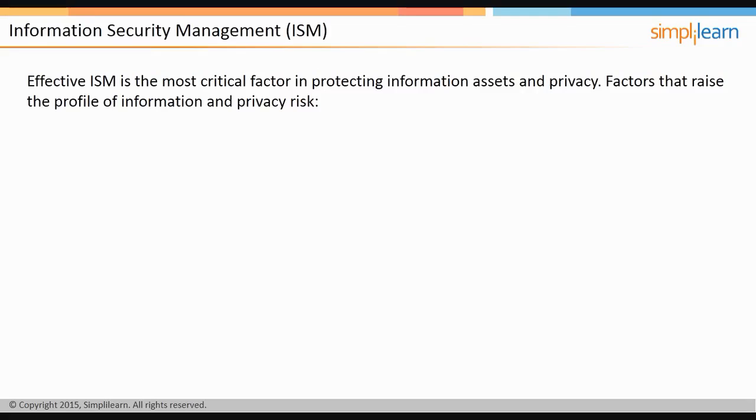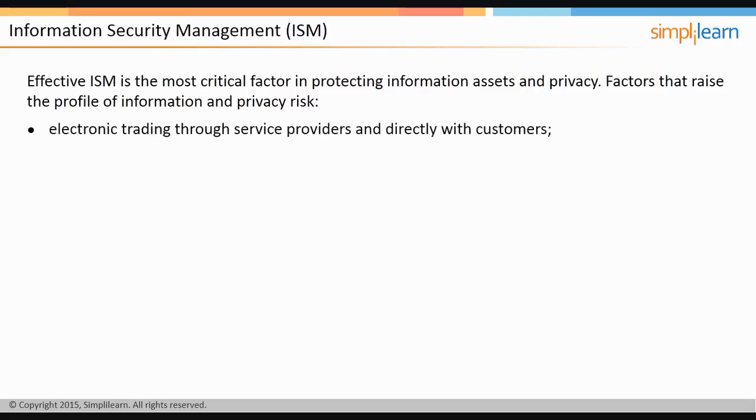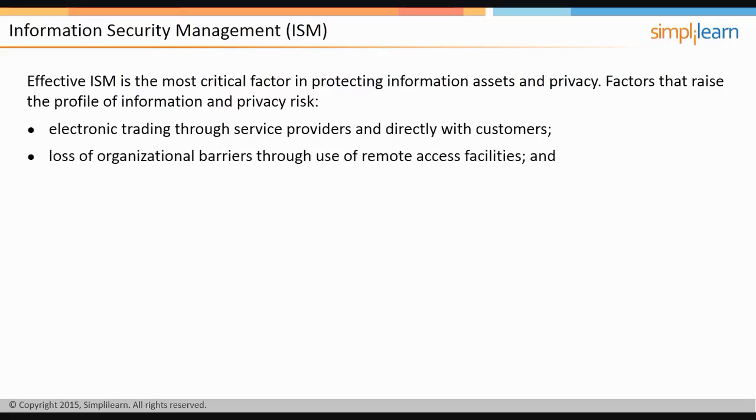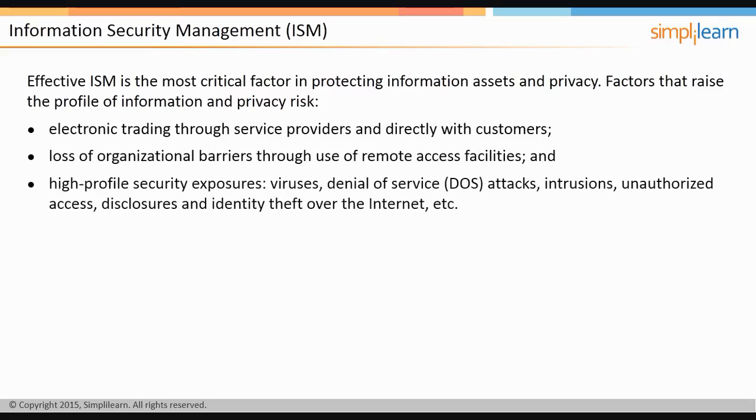The factors that raise the profile of information and privacy risk include electronic trading through service providers and directly with customers, loss of organizational barriers through use of remote access facilities, and high-profile security exposures, viruses, denial of service, DOS attacks, intrusions, unauthorized access, disclosures, and identity theft over the Internet, etc.